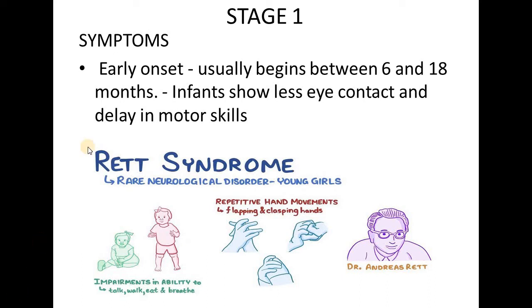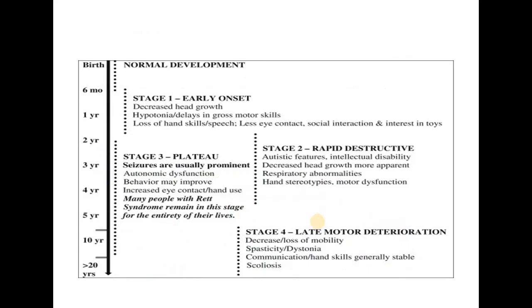You can see here there is a rare neurological disorder in young girls, and there is an impairment in the ability to talk, in walking, in eating and in breathing. And there are repetitive hand movements, flapping and clasping hands, and as I told you, it was discovered by Andreas Rett, so it is called Rett syndrome.